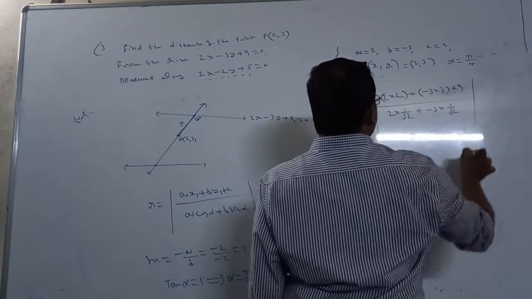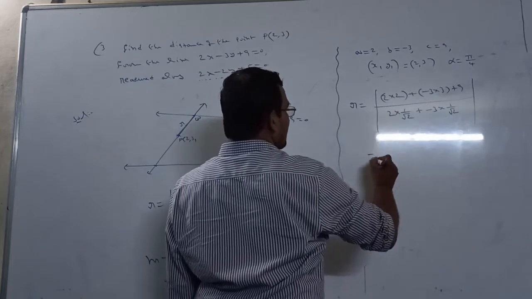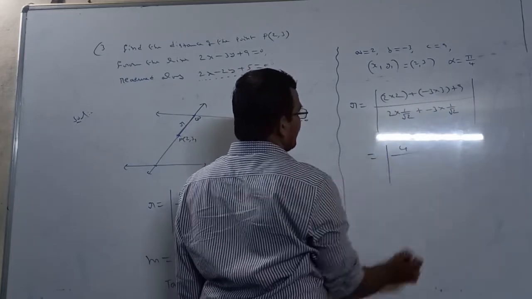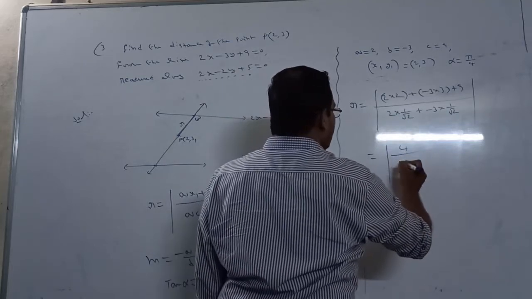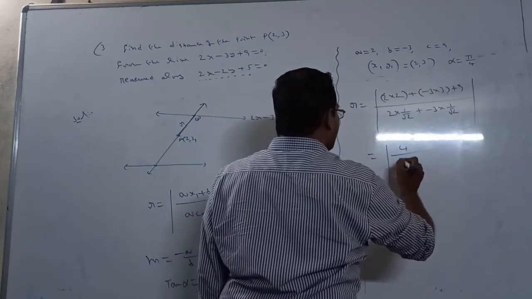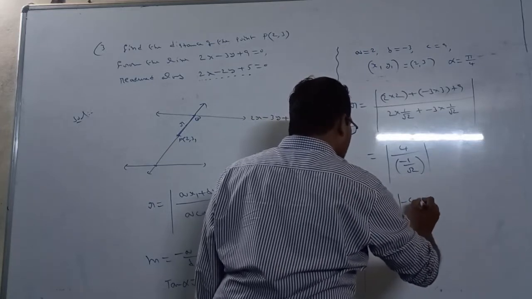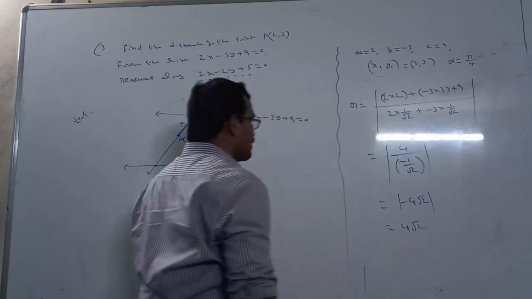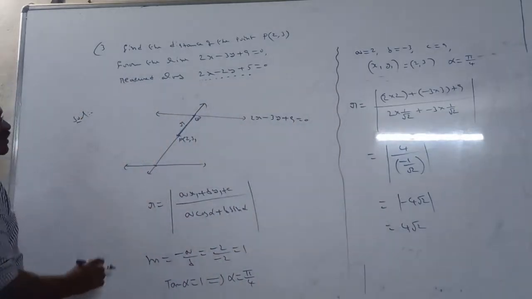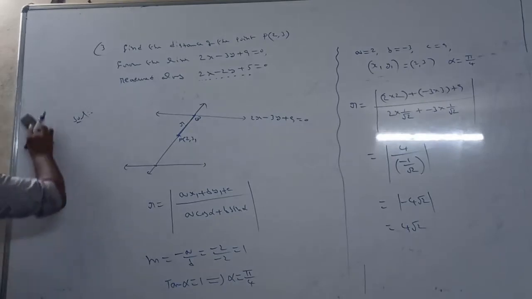So here 4 minus 9 plus 9, the numerator value is 4. The denominator is 2 by root 2 minus 3 by root 2, that means minus 1 by root 2. So taking the modulus of minus 4 root 2, that means 4 root 2. This is the shortcut formula to find it in this model.